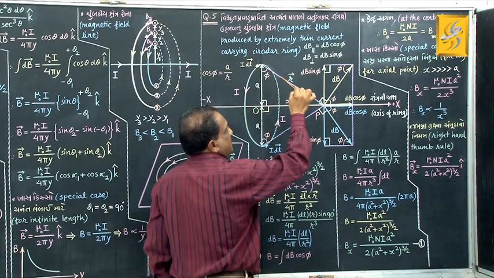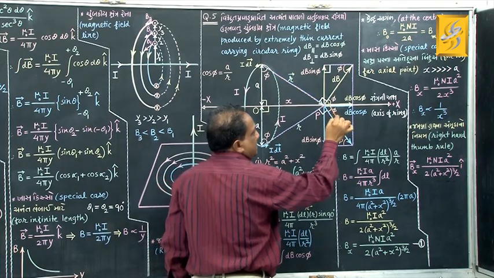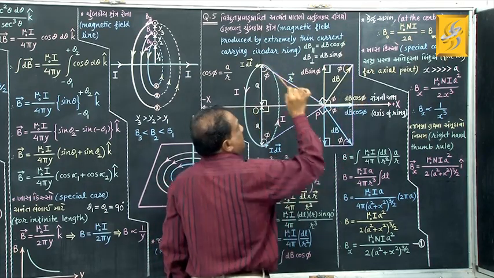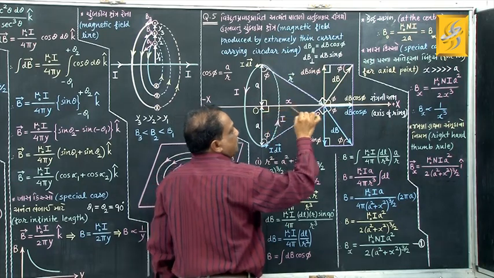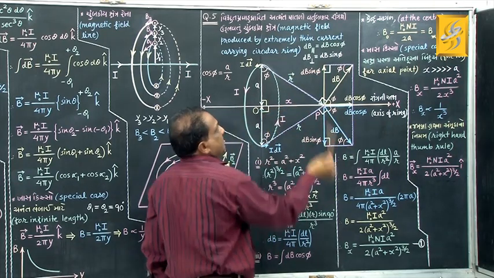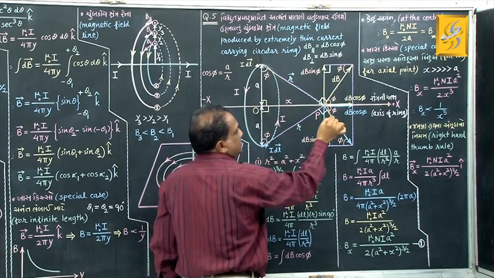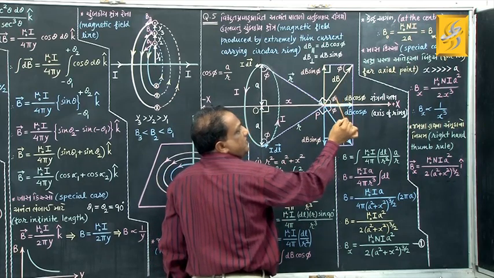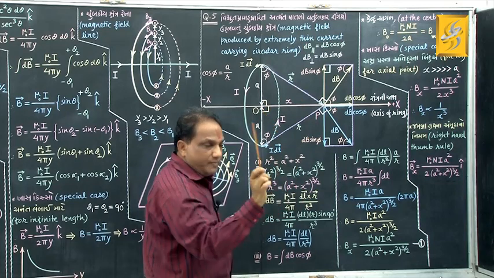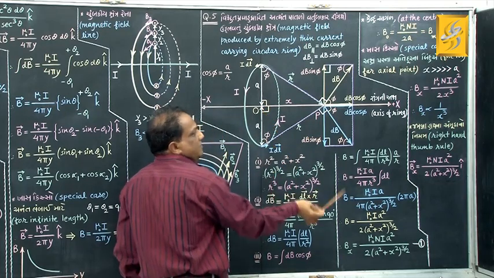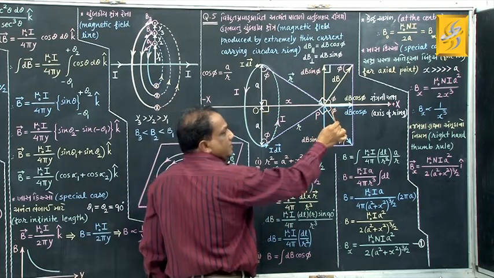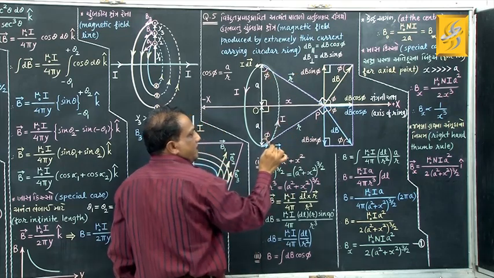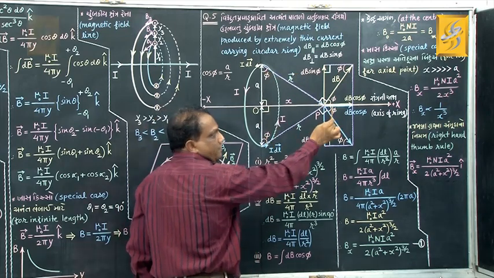Perpendicular to this is this, correct? This is vertical, this is horizontal. They have to be perpendicular. And perpendicular to this is this direction. So, angle between these two perpendiculars also must be phi, correct? Similarly, if this is phi, this also will be phi. And these two angles are equal, and these two angles are also equal, okay?